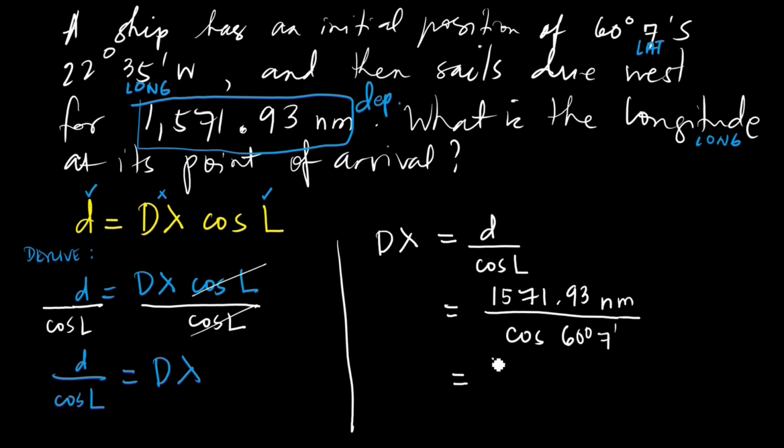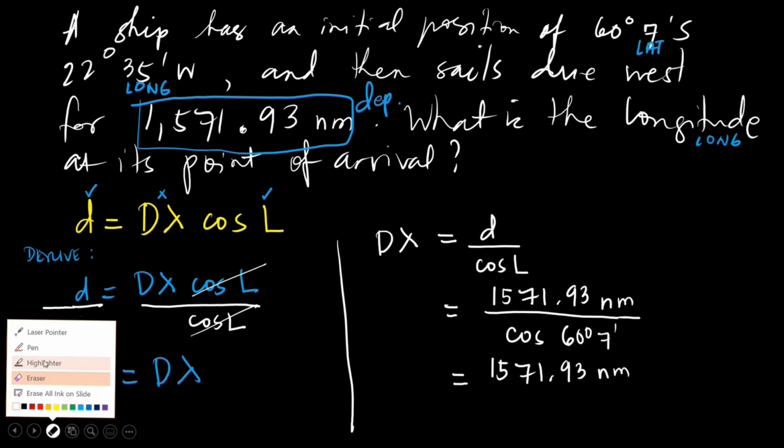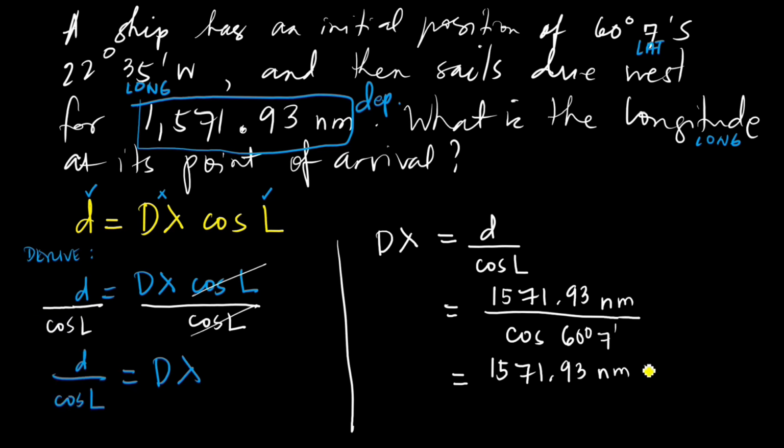So we have 1571.93 nautical miles times 1 nautical mile is 1 minute.